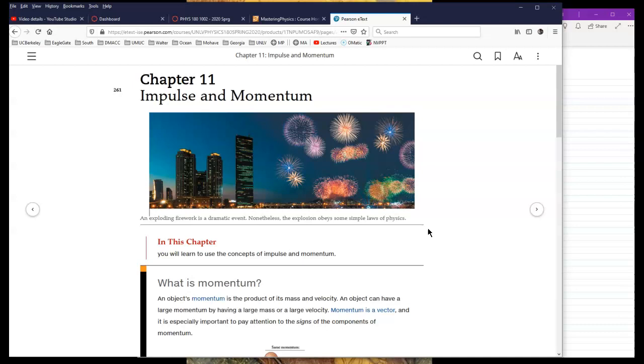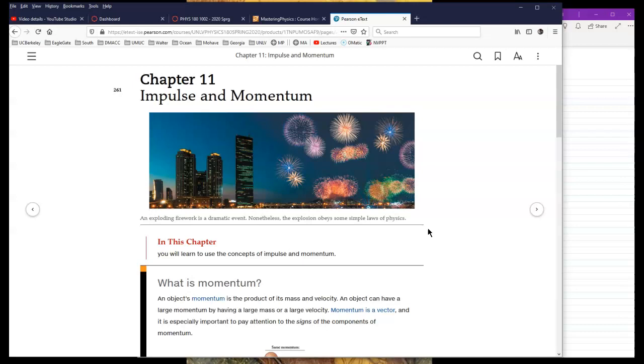Well, the time of contact of the ball with the bat is a fraction of a second, something in the order of a tenth of a second, and that's impulse. So impulse is a force exerted on an object in a very, very short time. Playing ping pong, tennis, or anything like that. That's what impulse is.